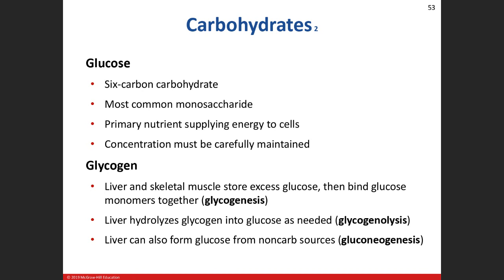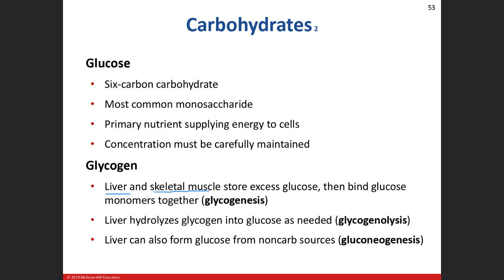Your liver, primarily, but also your skeletal muscle cells, will store that excess glucose as glycogen. Great test question, I keep asking it every semester: what two organs or tissues store glycogen? The liver and skeletal muscle.